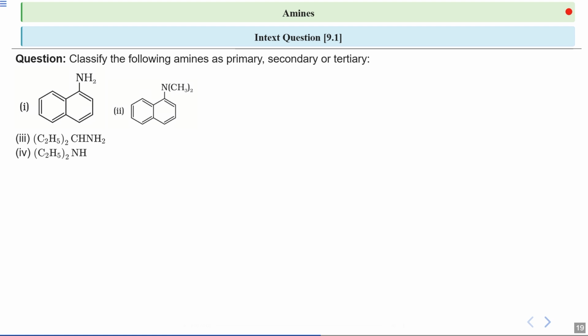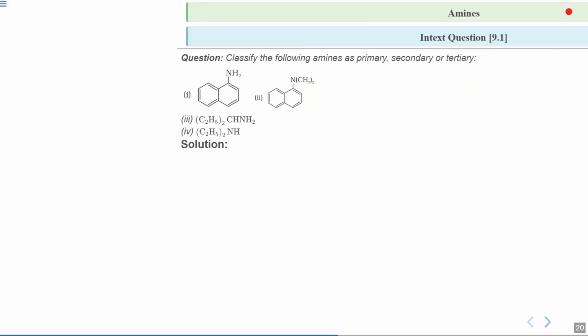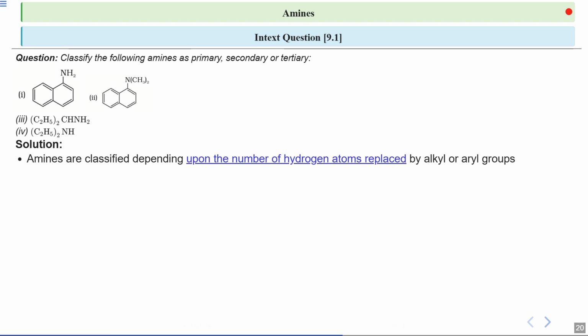Now let's see in-text question 9.1. You have to classify the following amines as primary, secondary or tertiary. First, we will see how we classify, so we will just recall it. Amines are grouped based on the number of hydrogen atoms on the nitrogen that are replaced by alkyl or aryl groups.